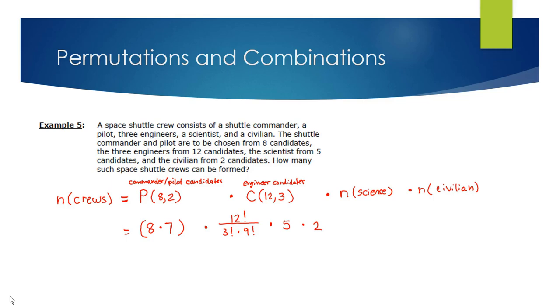I'm going to multiply that to 5 because it's the number of scientists I have to choose from, and times 2 because that's the number of civilians I have to choose from. So when I put all this together, I get 56 times 220 times 5 times 2, which gives me 123,200 possible crews that could be for this space shuttle mission.